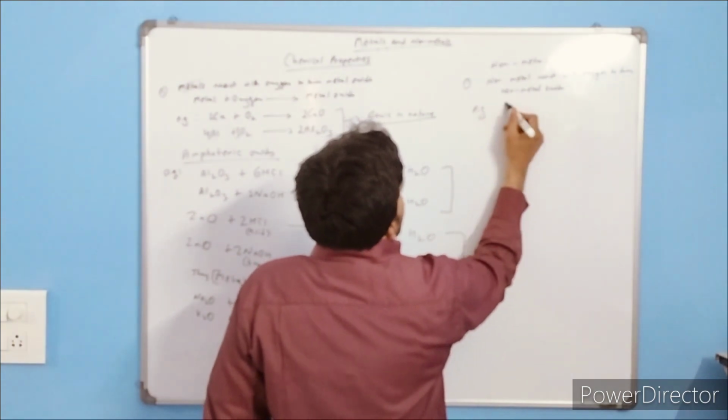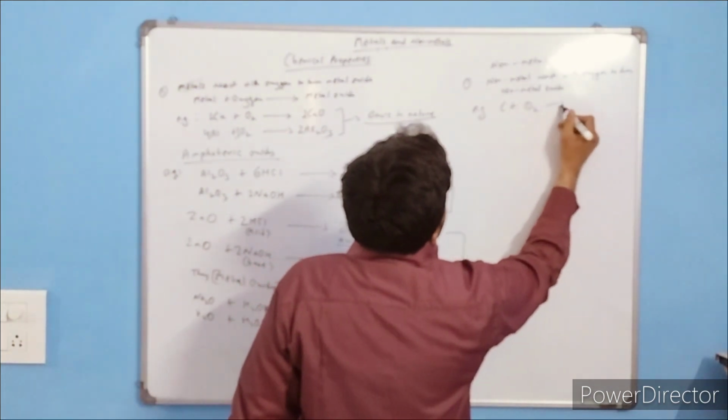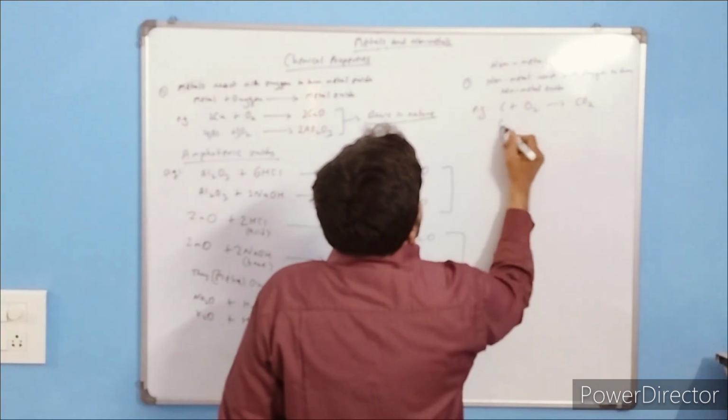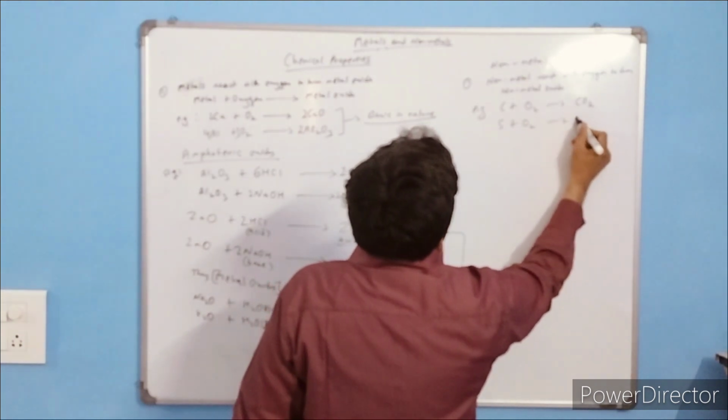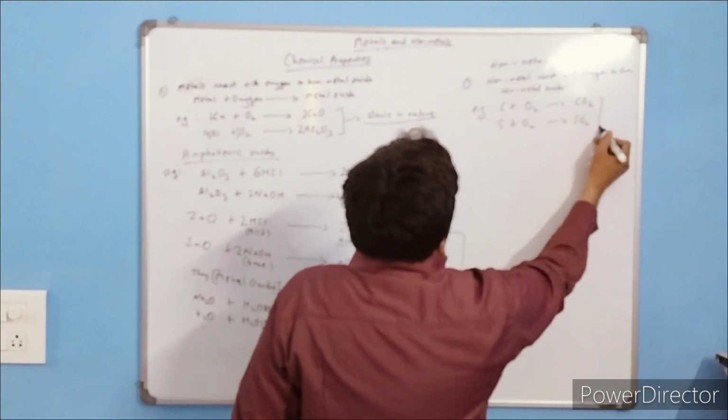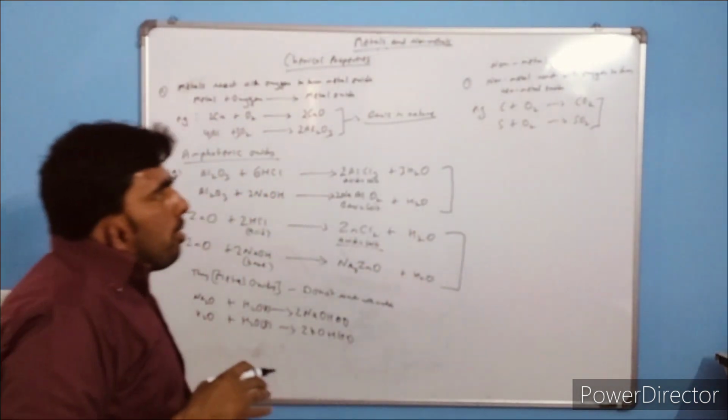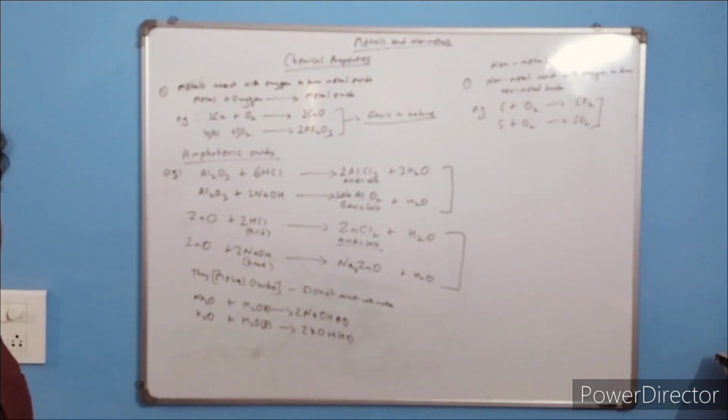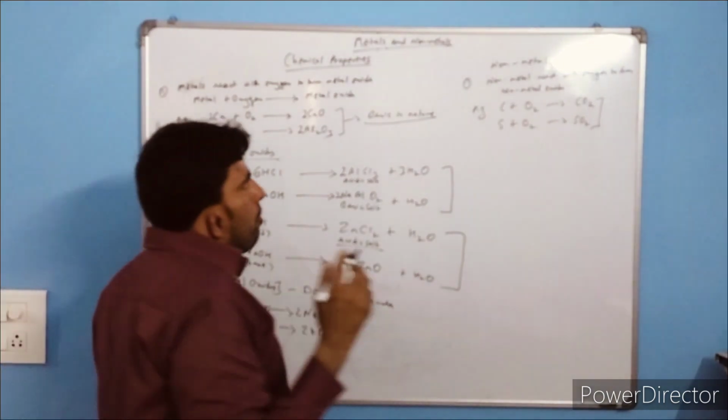For example, carbon plus oxygen gives carbon dioxide, and sulfur plus oxygen gives sulfur dioxide. One important thing about non-metal oxides is that they are acidic in nature.